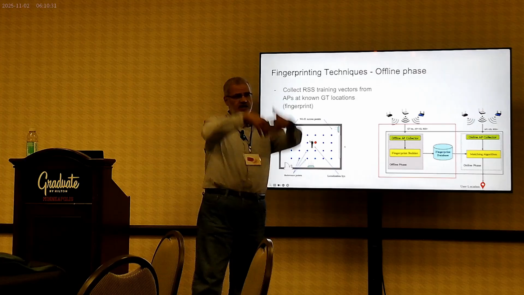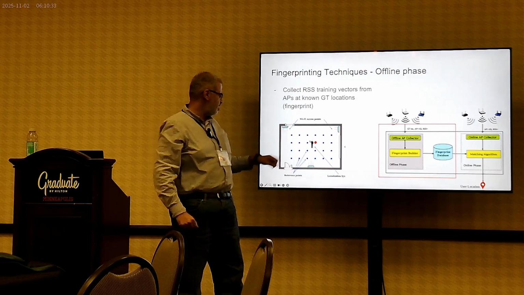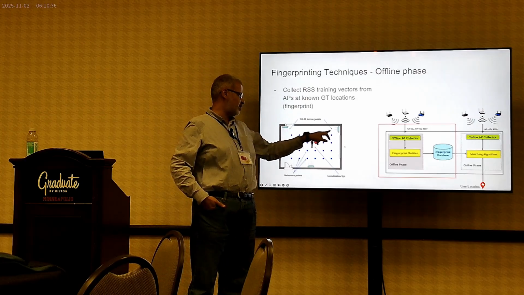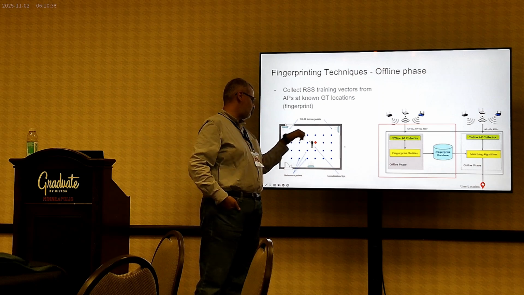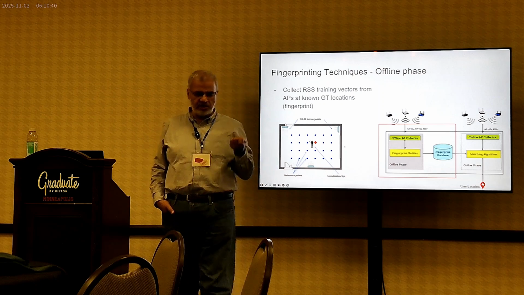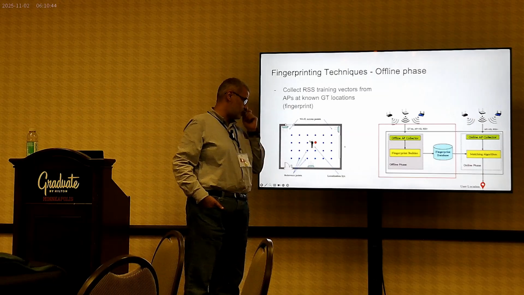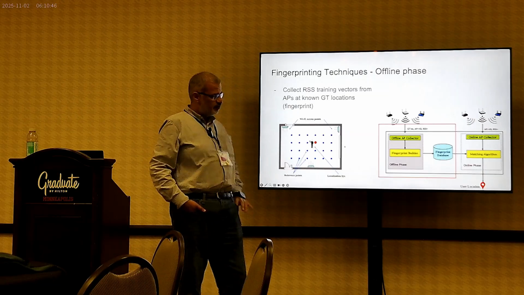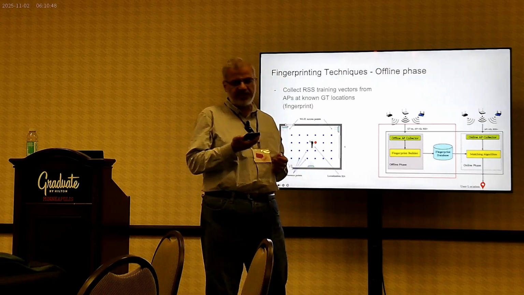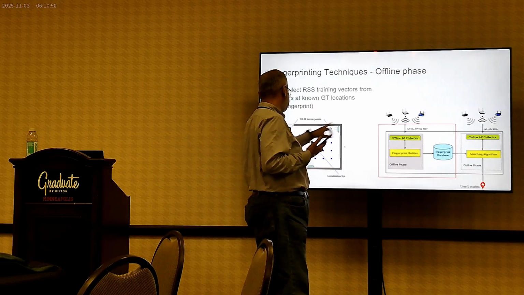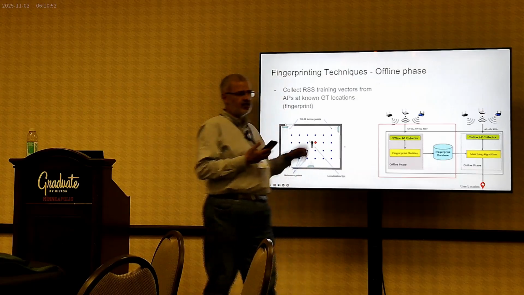And what I do, I go inside this floor, for example, and go to different locations in the area of interest. So each one of these blue dots represents a data collection location. I go to this location, stand there for some time with my device, and then I record the signal I'm receiving from each access point in the environment at this particular location.